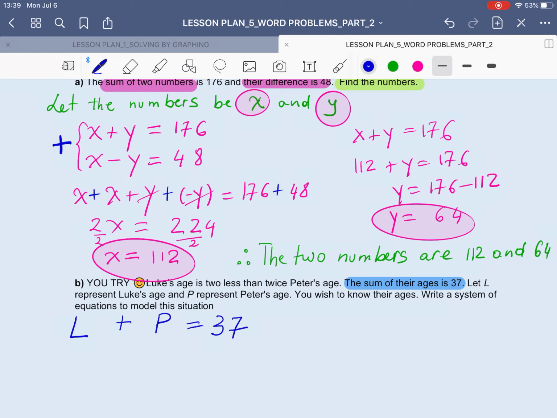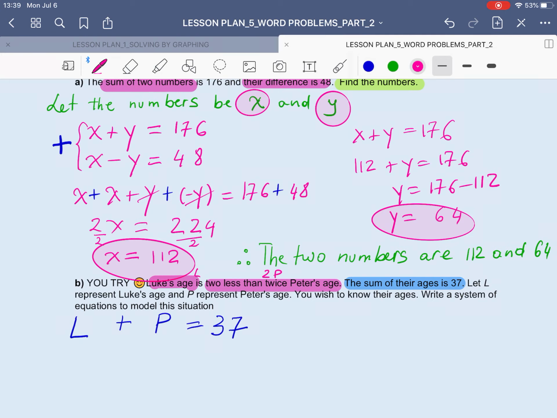Now, there is another relationship described between their ages, and it says here that Luke's age is 2 less than twice Peter's age. Now remember that twice Peter's age must be 2P, and Luke's age is just L. So now we have a variable for each age, and we have to put it into an expression or equation.